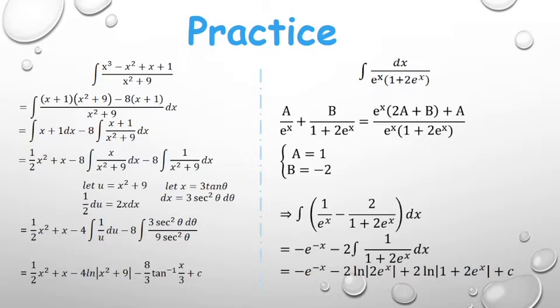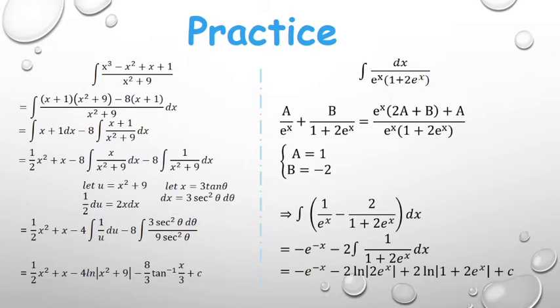For this problem on the left here, we separated the function on the top so that it can be divisible by the denominator, and then separated the entire fraction into two fractions. The one on the left, we don't have to worry about anymore because that is a basic integration, while the one on the right, we still need to do something about, and we use partial fractions to change it into two different equations yet again.